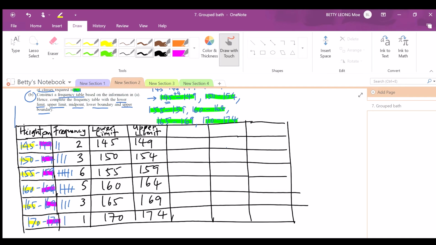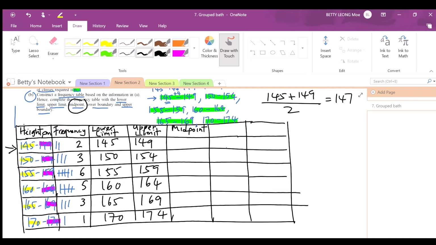After that is the midpoint. For the midpoint, you just look at the formula. The midpoint is the lower limit plus the upper limit, then you divide by 2. So if you choose this class, 145 plus 149, you divide by 2, you will get 147.